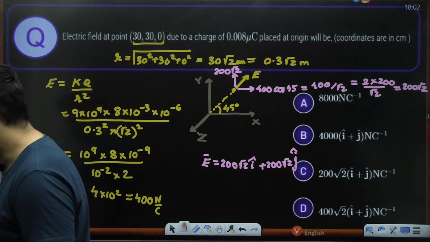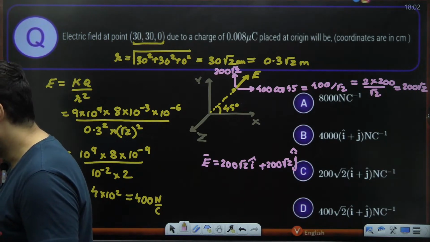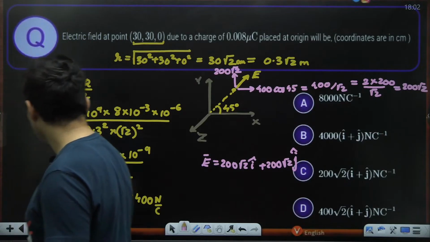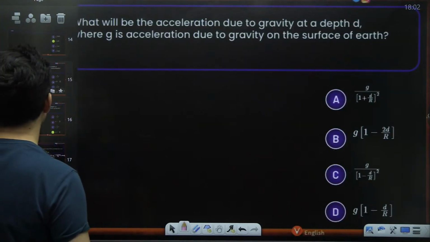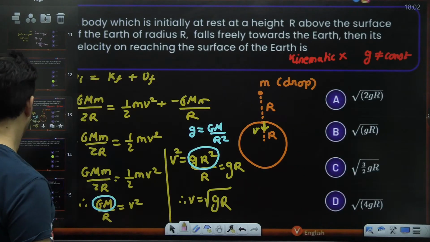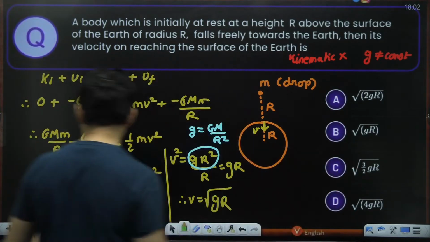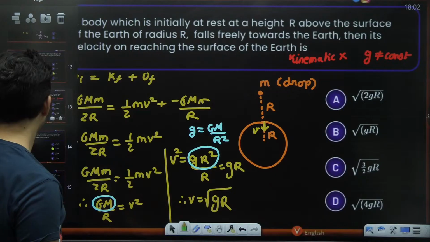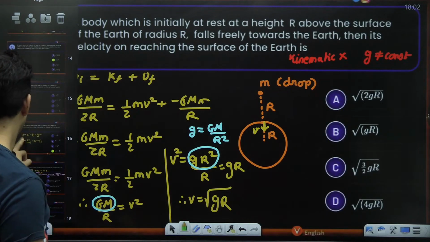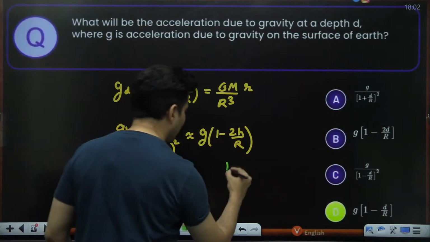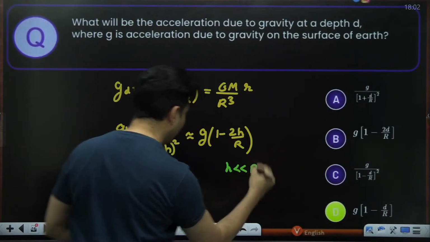Sir, but for the second formula, height is lesser than the radius in the last question. Who said height is lesser than the radius? This particular formula you can use when the height is much, much smaller than the radius.